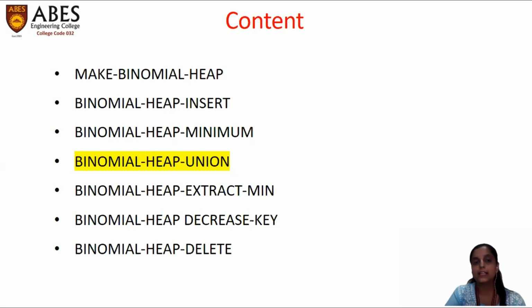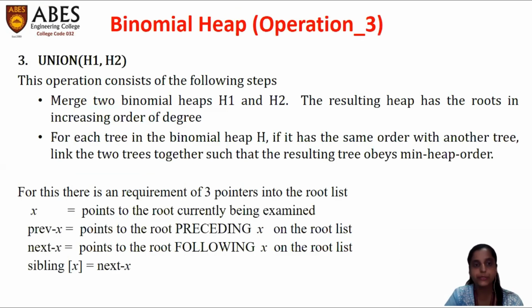Now, what exactly does this term mean? In the union operation, we mean that if we have two different binomial heaps, we want to merge them together to make one binomial heap.